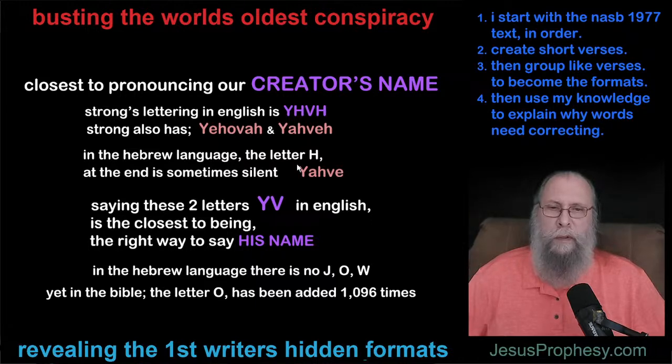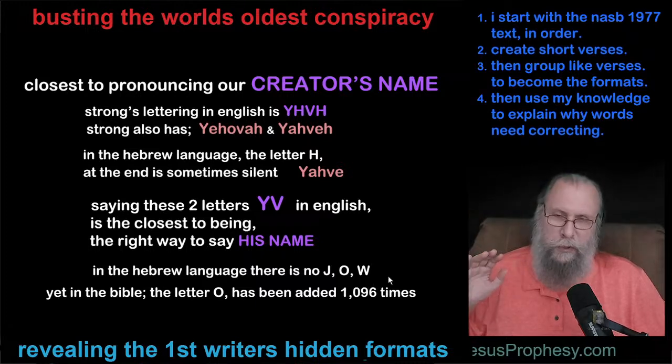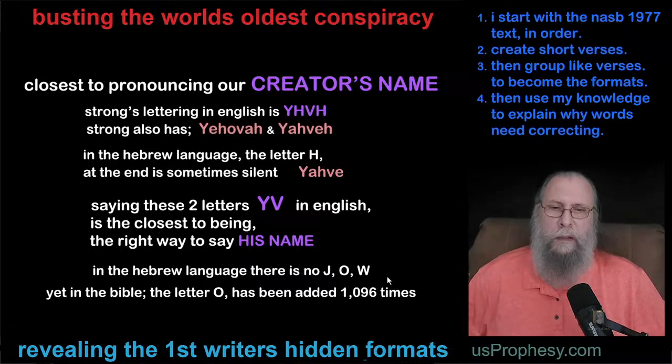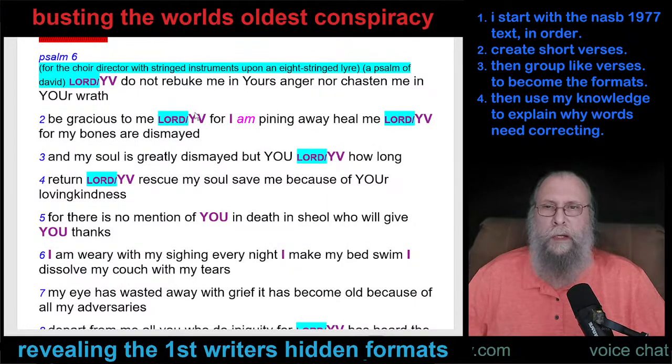But the problem here, if anybody's using a J, O, or W, that's just because they're wrong. That was not in the Hebrew language. So to get it as close as possible, you will be saying YV or Yava.